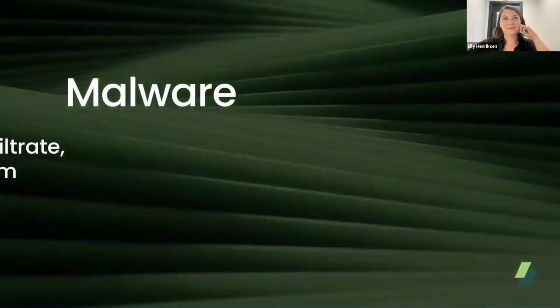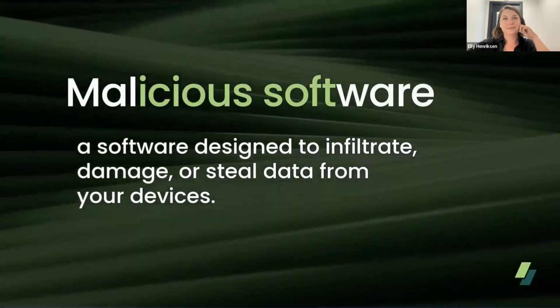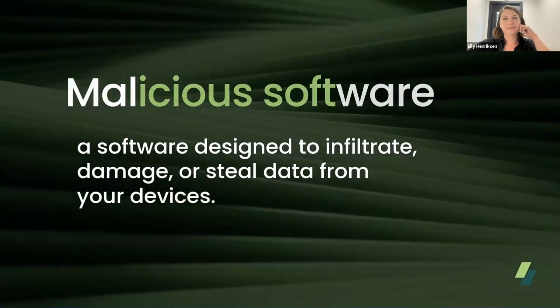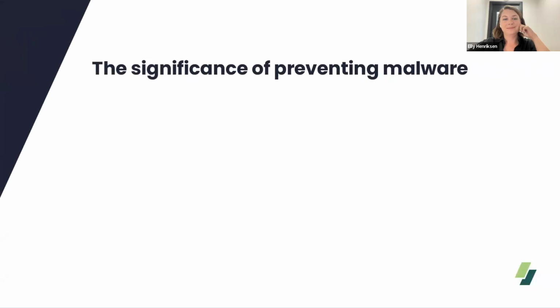Malware, short for malicious software, is designed to infiltrate, damage, or steal data from your devices. Detecting and preventing malware is vital for our business, and it has several significant implications. First, downtime. Malware can disrupt business operations, causing costly downtime that can harm productivity and revenue. Second, data breaches.